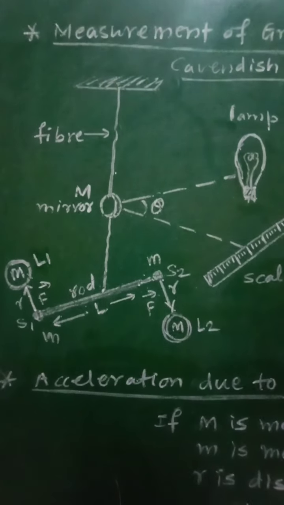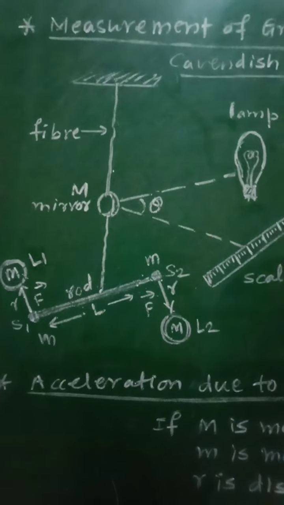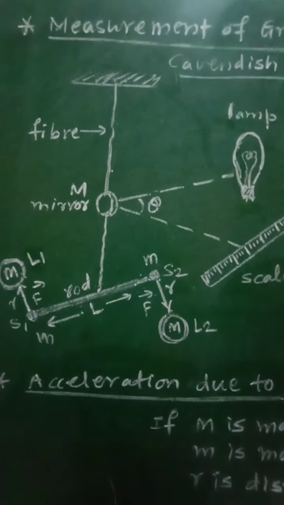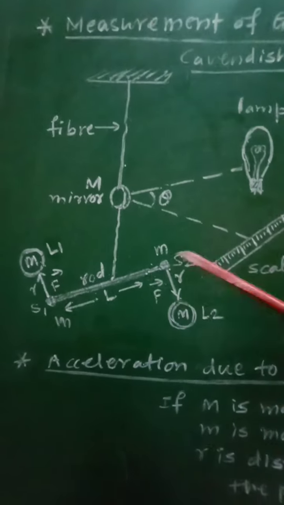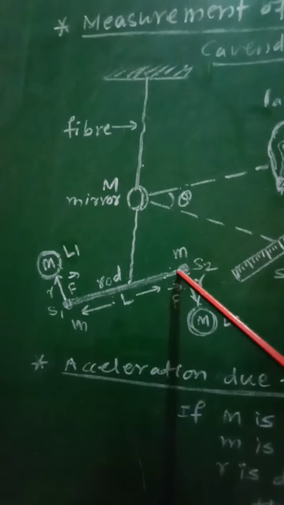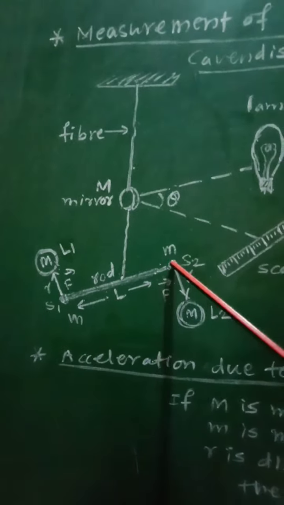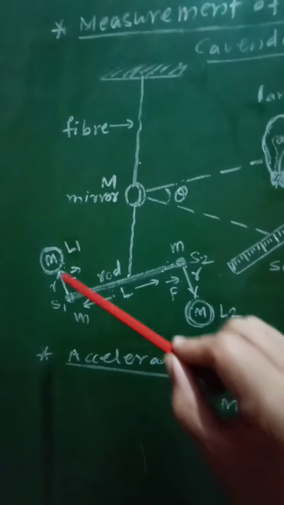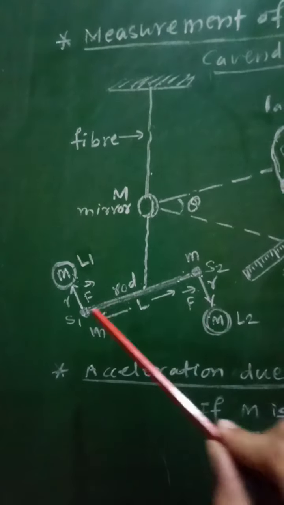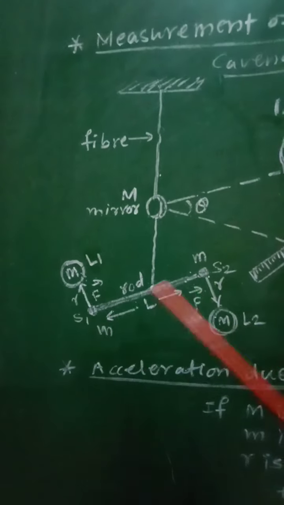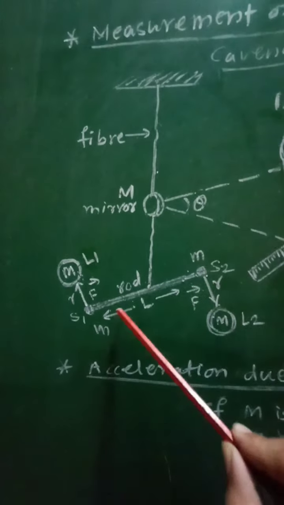Hence a torque will be generated without exerting any net force on the bar. So as soon as these two forces are acting at two different ends of this bar, which are equal in magnitude and opposite in direction, remember, if two equal and opposite forces are acting at two different points of the same body, then it will give rise to a torque or couple.